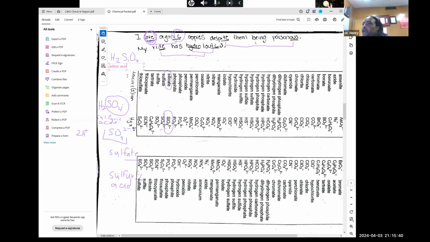Now, let's say we have hypochlorite, HClO. What would we name this acid?